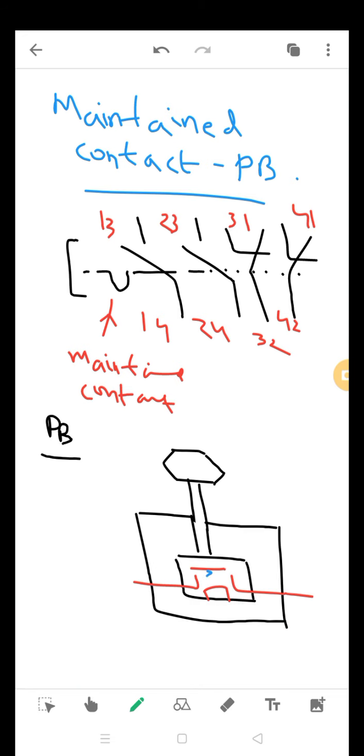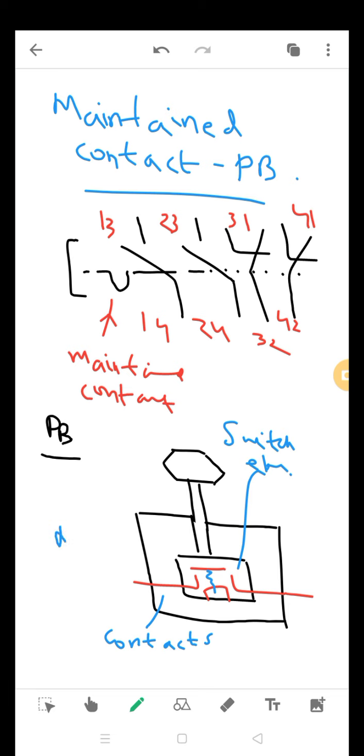This is the spring, and these are the contacts. And this is basically the switching element. You can see that the spring actually maintains whether it will be in contact or not.